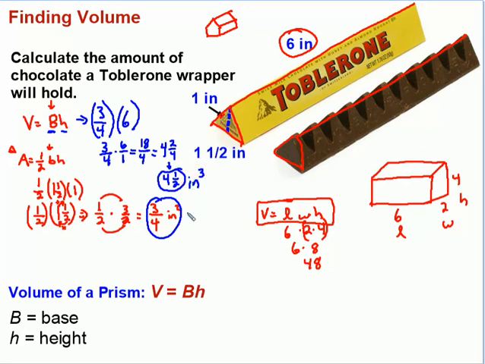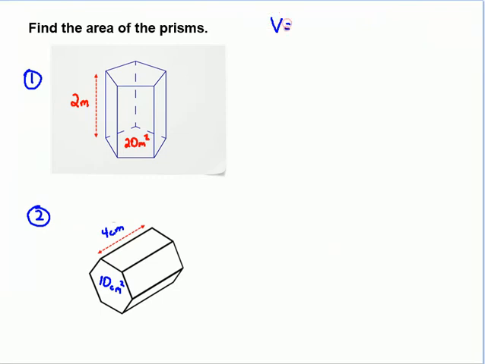Our formula for volume, V equals base times height, is really helpful when we have problems like this. You don't know the formula yet for how to find the area of a pentagon, and this side is a pentagon. As you can see, it's got 5 sides. But you do know base times height. In this case, they've given us the area of the base.